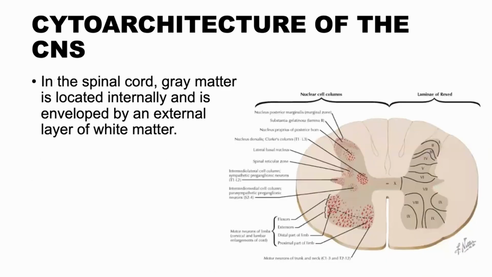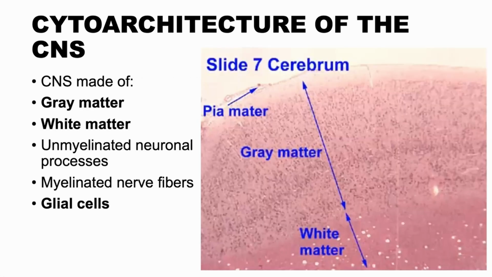This is the spinal cord. In the spinal cord, the gray area is arranged a bit differently. In the cerebrum, the gray area was on the external surface. If you look at the diagram closely, this says the pia mater. You know what's above the pia mater by now, right? The arachnoid and the dura, and after the dura, you have the skull. The pia is the outermost layer of the brain, then you have the gray matter on the outside and the white matter on the inside.